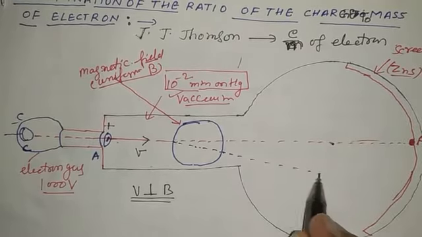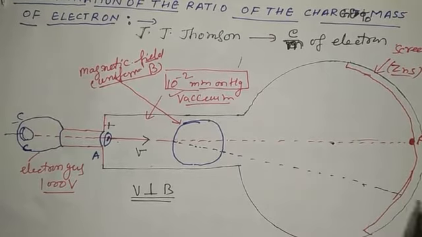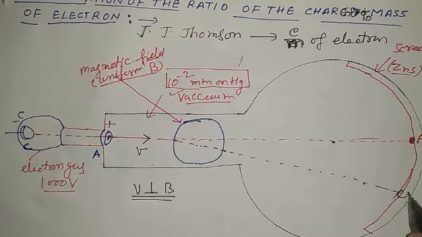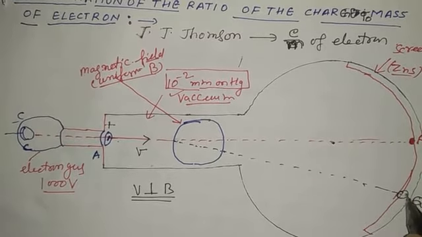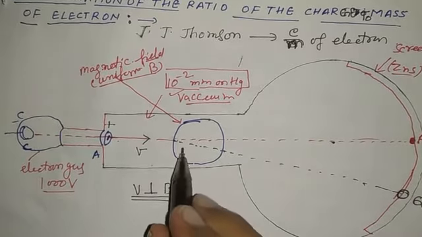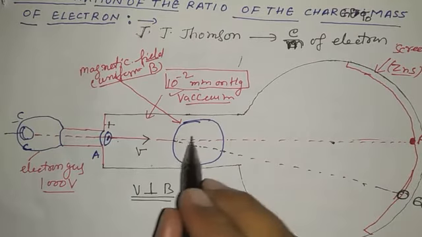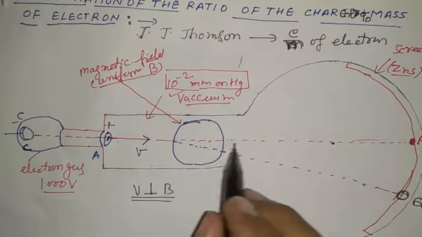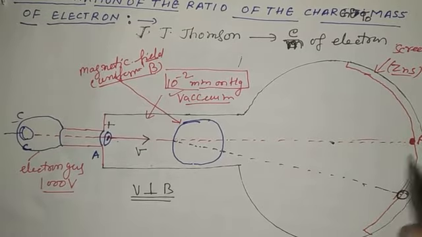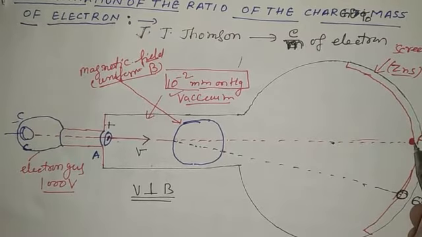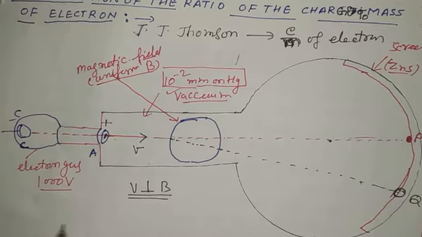Thereafter, it strikes at point Q. So as a magnetic field is applied to the moving electrons, the spot of light is shifted from P to Q.